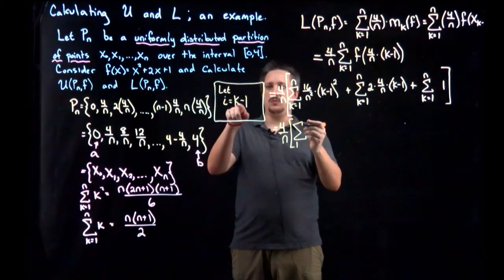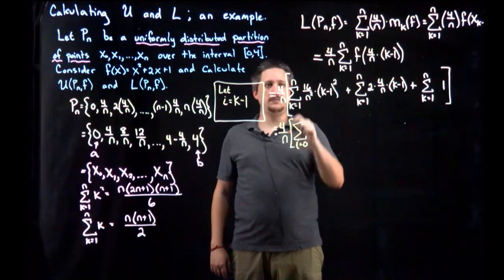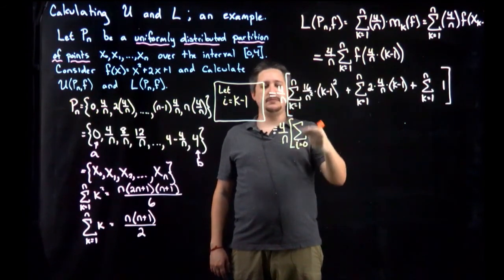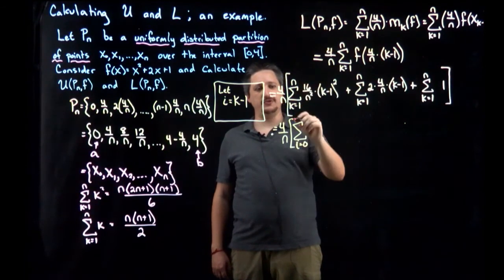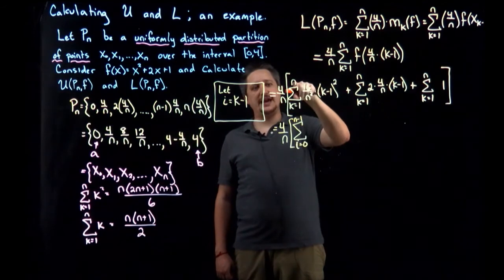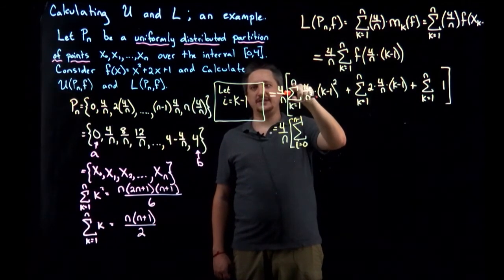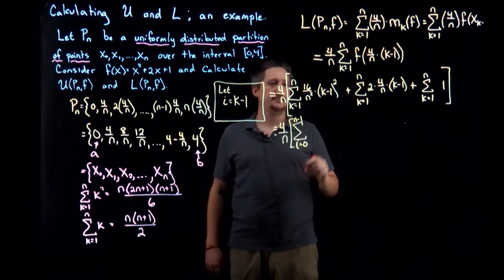So if k is 1, 1 minus 1 is 0, so I should have i equals 0. But I'm not going to go to n because I'm only iterating n times. If this goes down 1, that also goes down 1, so I'm going to have n minus 1, because this would be k equals n. That's the shorthand for that. And if k equals n, then i equals n minus 1.